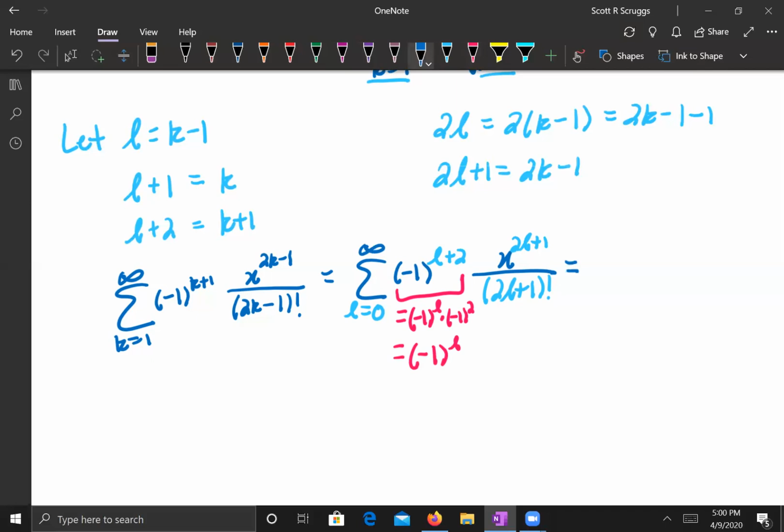Meaning I can simplify this further as the sum of L from 0 to infinity of negative 1 to the L power times x to the 2L plus 1 over 2L plus 1 factorial. And that, my friends, is the Maclaurin series for sine of x, which is what we expected and what we should have gotten.